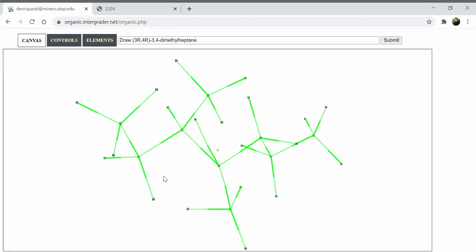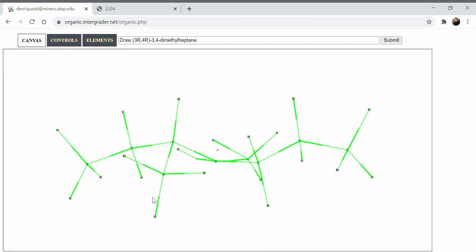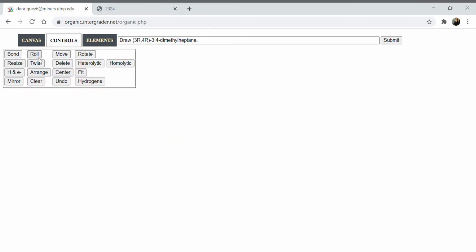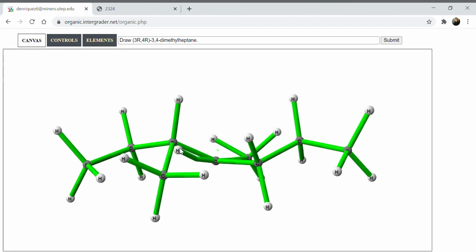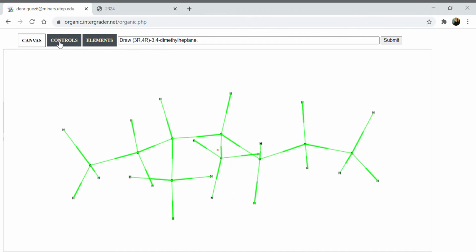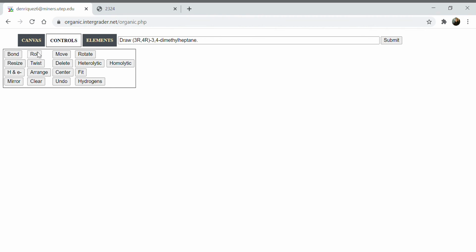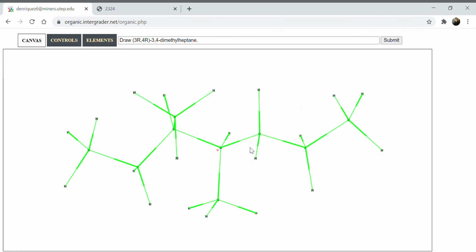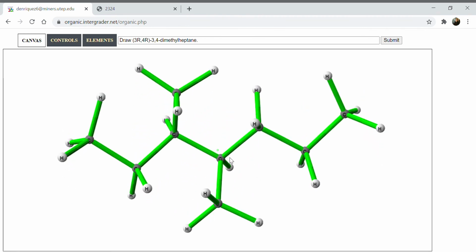I'm going to roll it again and try to get that hydrogen on that side. So it's right here. I'm trying to just switch them around. So the hydrogen is in the back and the methyl is in the front. Okay, I got my 4 conformation here. We're going to go ahead and check it and see if it's right. I got my highest priority here, second, third.